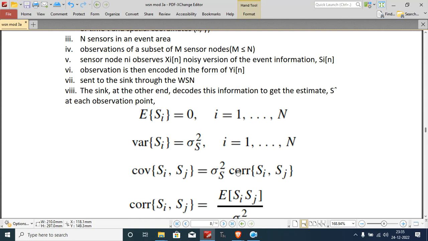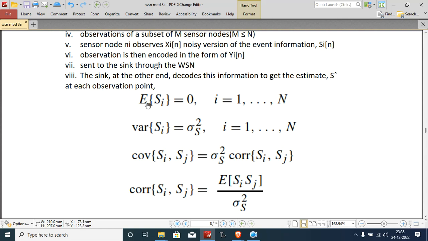So these are all the important equations that we are supposed to assume. Here the mean value of S is assumed to be 0, and the variance of Si is given as this, followed by covariance of Si and Sj, which is in turn related to correlation in this fashion.